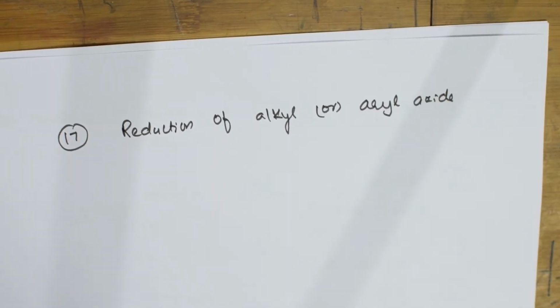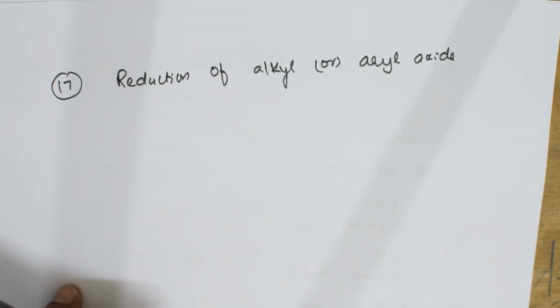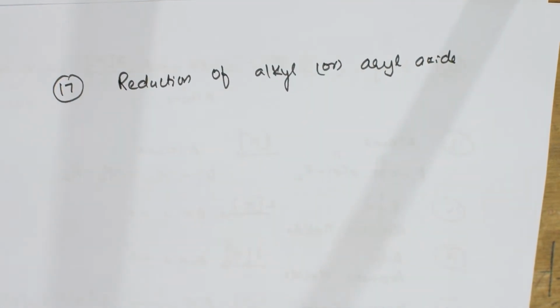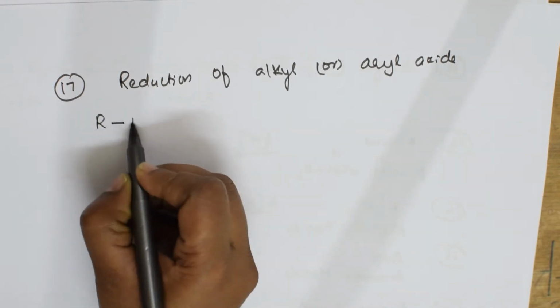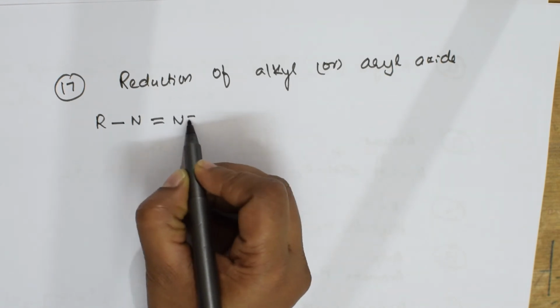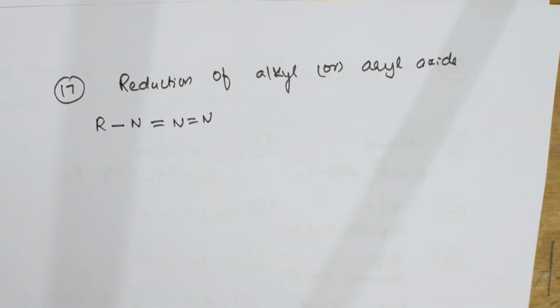Now what are alkyl or aryl azides? Let's write that and check. Basically, how do we write your alkyl or aryl azide? It is nothing but an azide, and this is a compound, right?